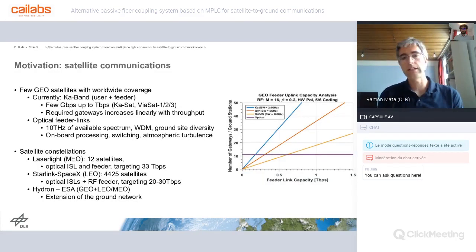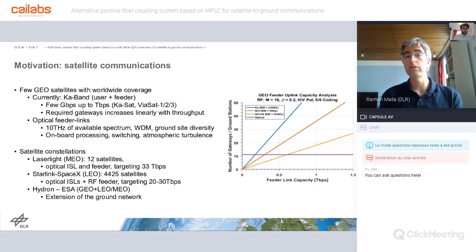So, the motivation for satellite communication. Usually with few satellites, one can reach worldwide coverage. The goal of the DLR institute is to provide global connectivity, so internet access everywhere. Currently, the technology is based on K-band and radio frequency, where both the user link and the feeder link are implemented in radio frequency.